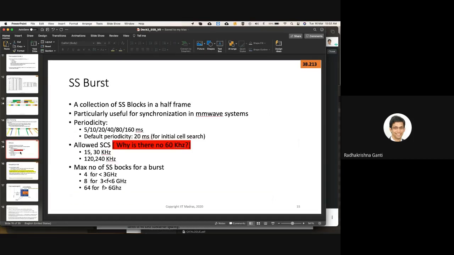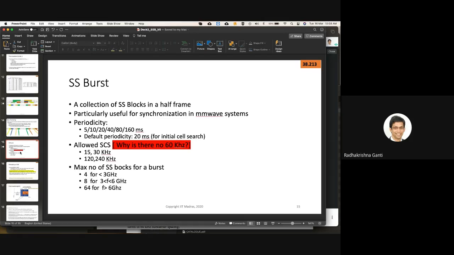So where were we last class? We were here. As I was mentioning, SS burst is nothing but a collection of SS blocks in a half frame. This is a colloquial terminology in the sense that it is not there in the spec, but people generally refer to it as SS burst. The periodicities allowed are 5 milliseconds, 10, 20, 40, 80, and 160.